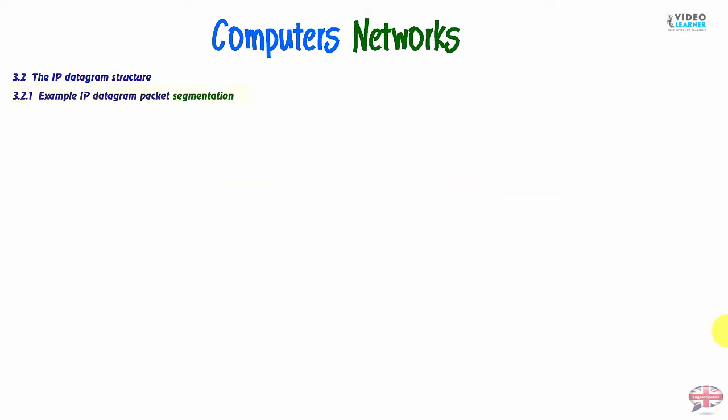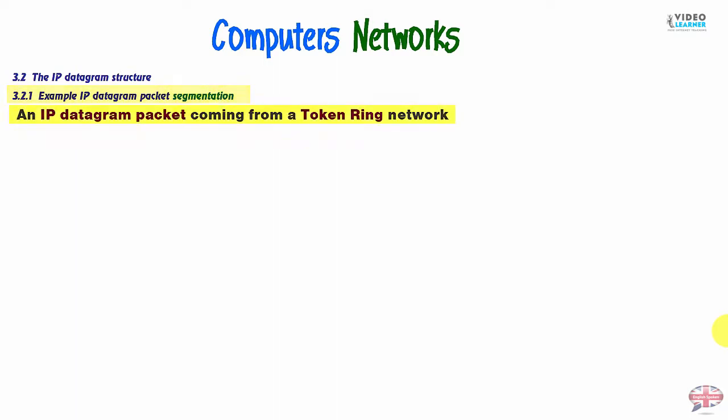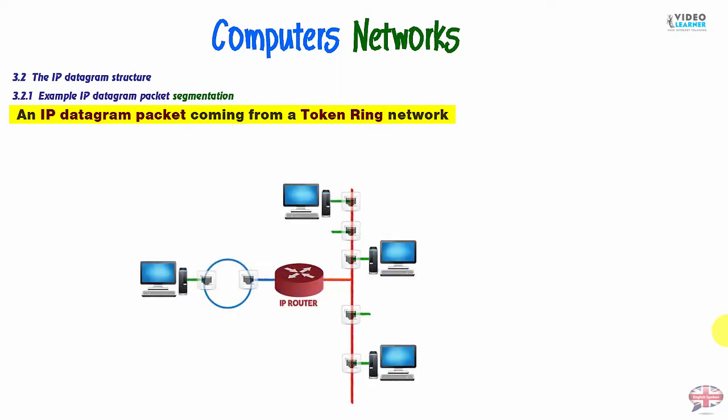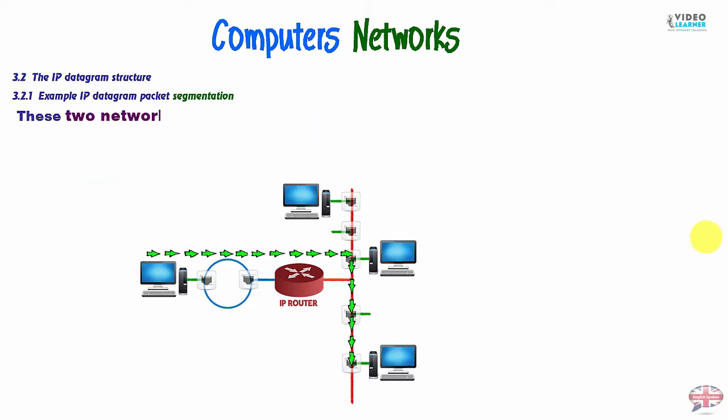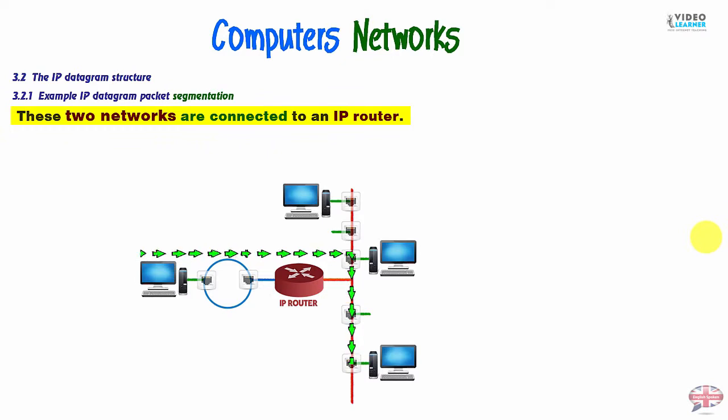So let's have a look at an example of datagram packet fragmentation. An IP datagram packet coming from a token ring network is to be forwarded to the destination computer, which is on an Ethernet network. These two networks are connected to an IP router.